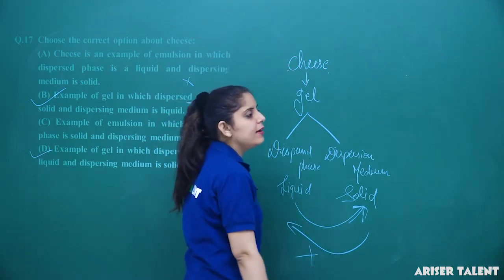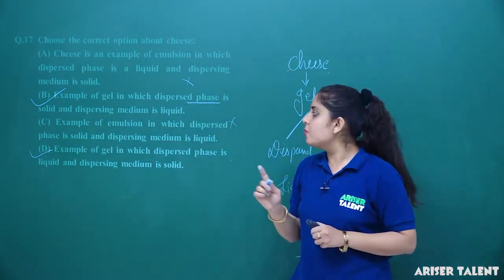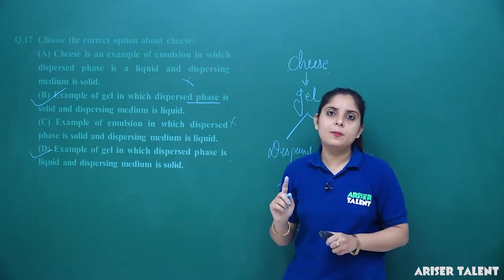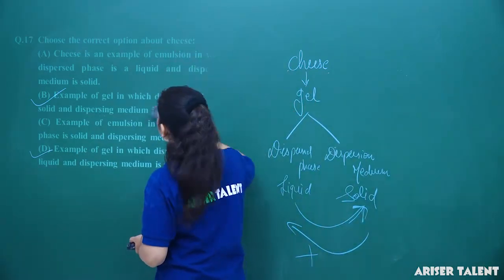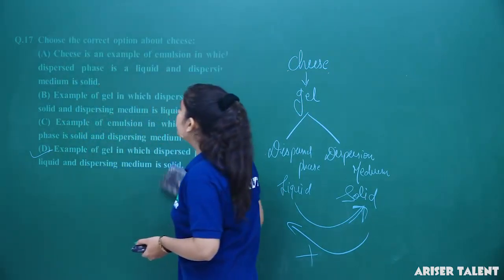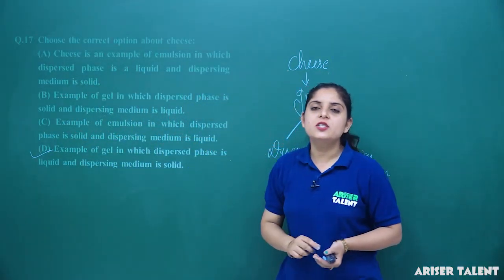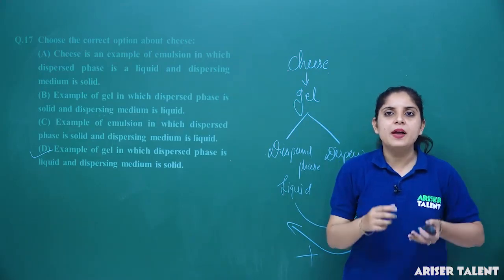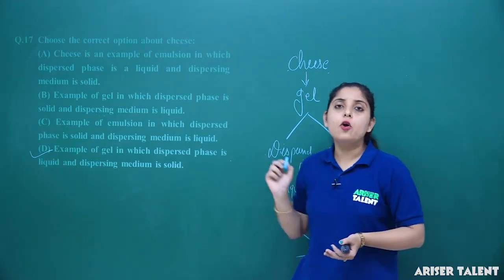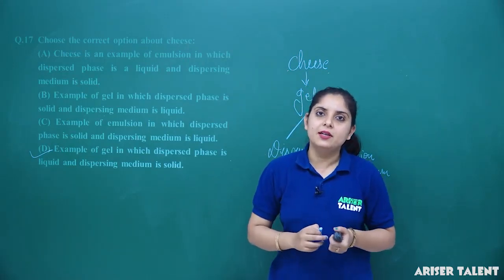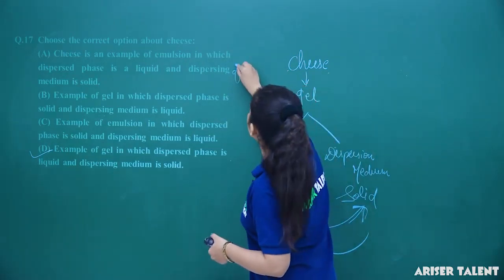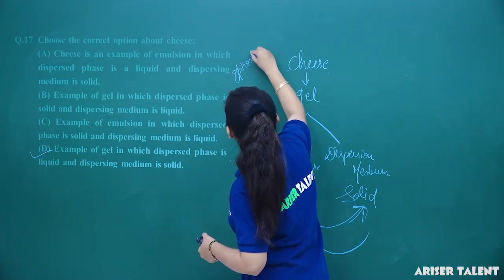It is not solid in liquid. So among both these options, only option number D will be correct in this case. So which option is correct? Option number D will be correct here. Don't get confused between B and D. Just don't take the statements by reading them quickly. Carefully read all the statements because the wrong answers are always provided along with the right answers. Clear? So option number D is correct here.